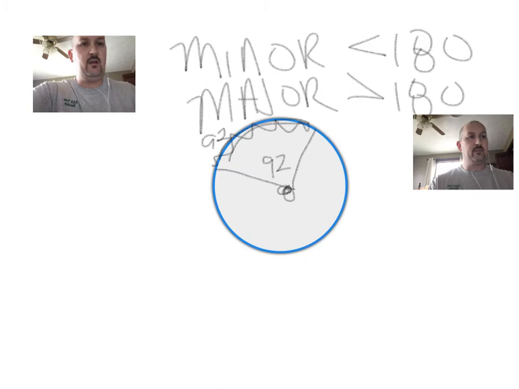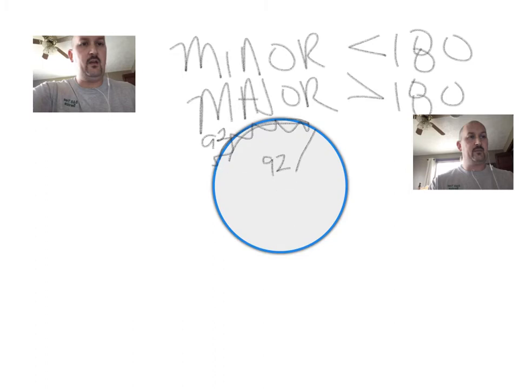So a central angle, which is down in your notes, is made from the center of the circle, and whatever its measurement is, so is the arc on the outside. That's a minor arc.